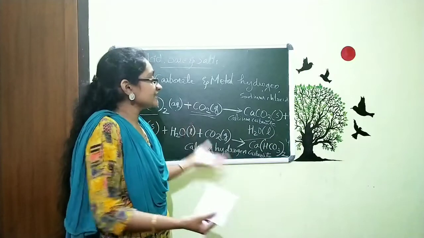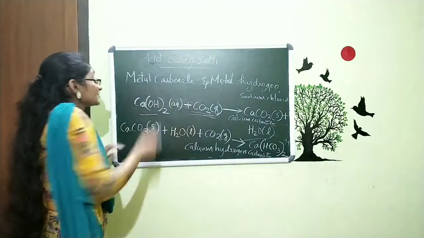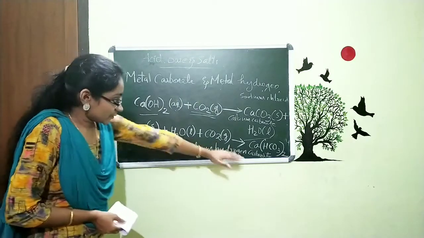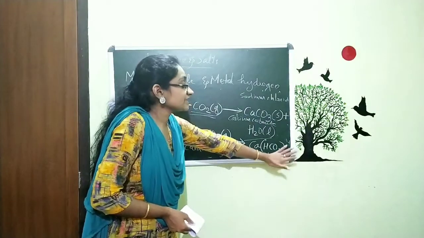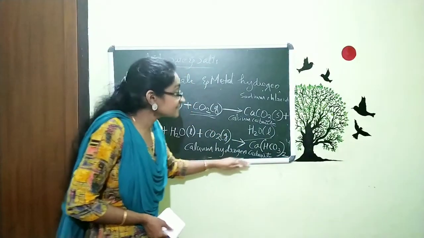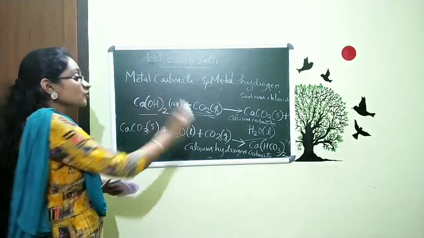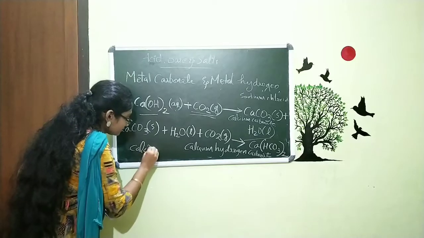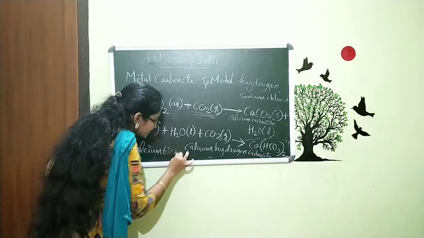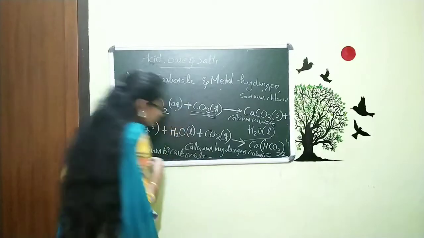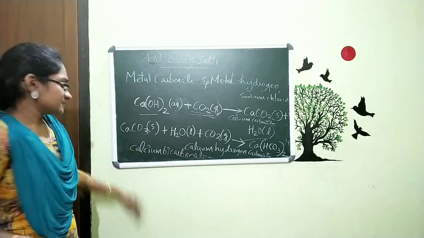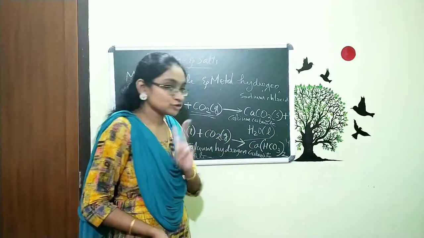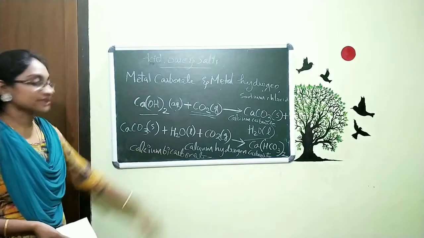Then when this carbon dioxide continuously passes through it, we get Ca(HCO3)2, calcium hydrogen carbonate. Another name for this is calcium bicarbonate. You can use either name.